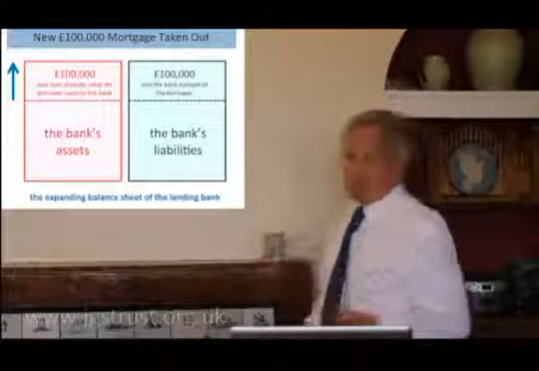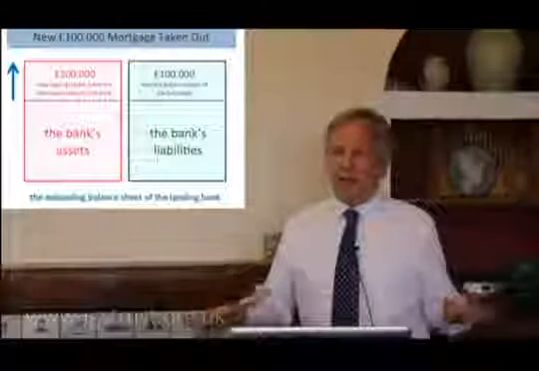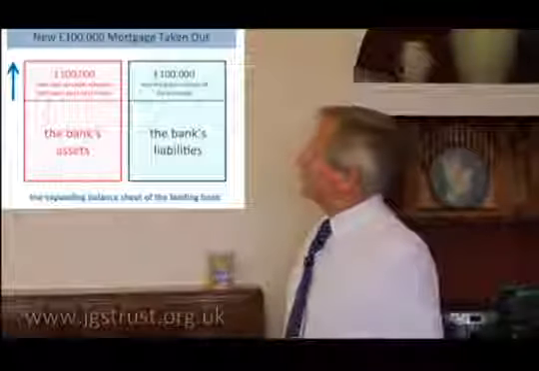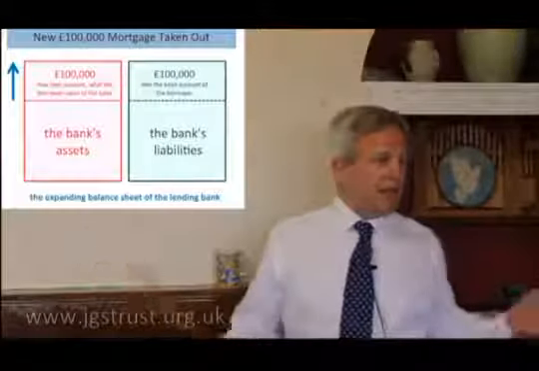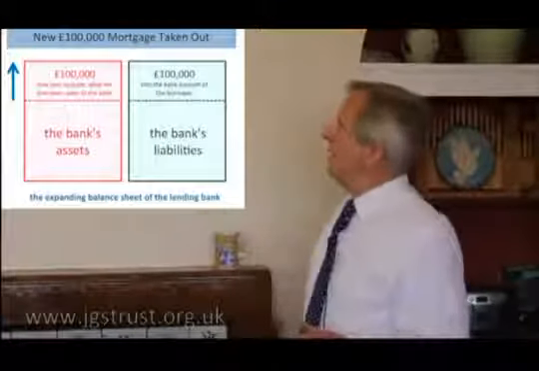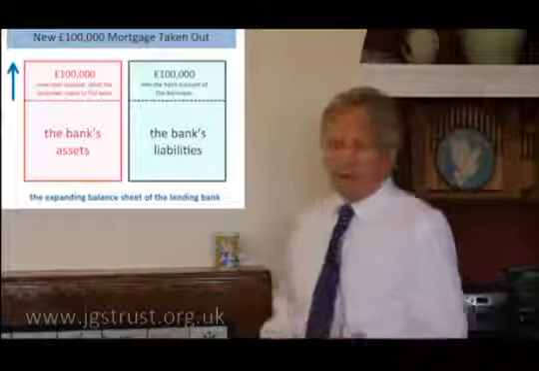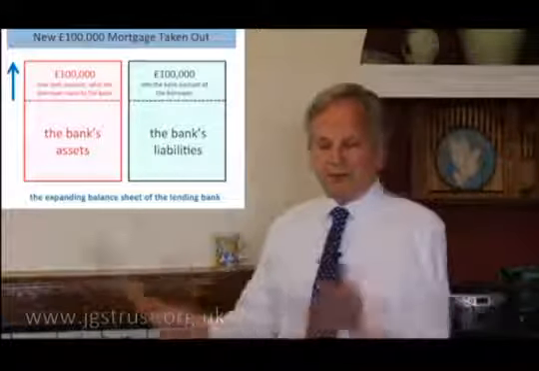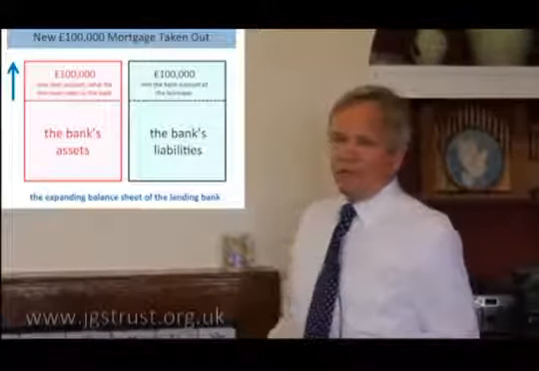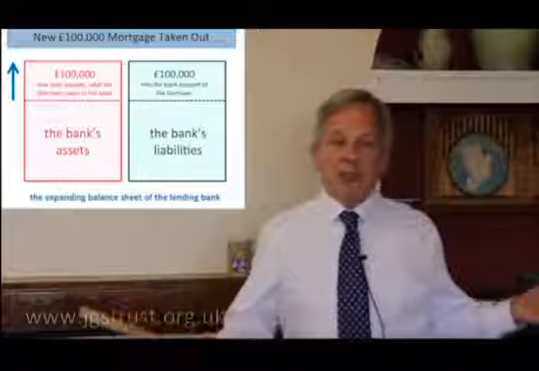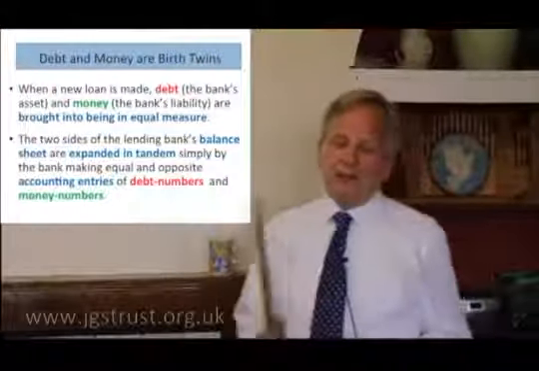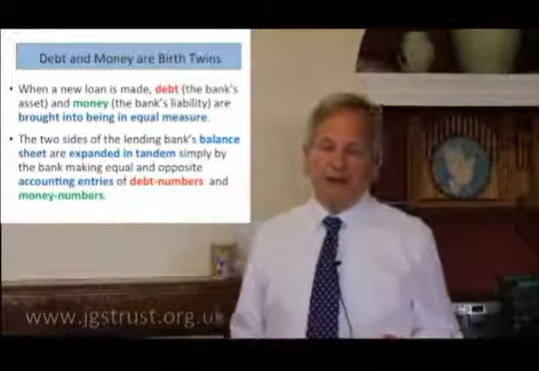So what's happened here is somebody in the bank has approved a loan and has just typed in £100,000 onto the asset side of the bank's balance sheet, however that's represented in the computers, and has typed in £100,000 into the current account of whoever's going to receive the money. Nothing has moved, two numbers have changed. That's it.